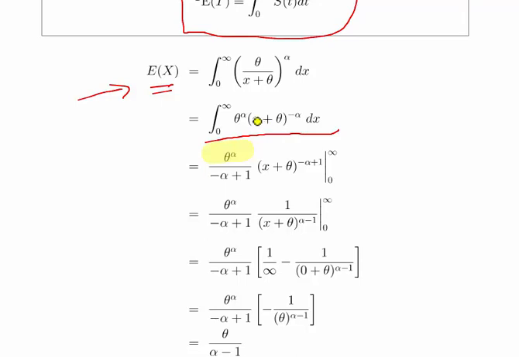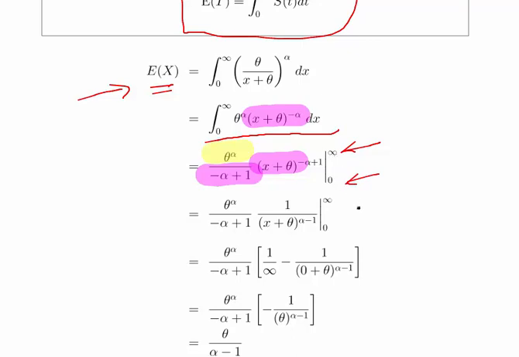And when we integrate that, we get x plus theta to the power of minus alpha plus 1, divided by minus alpha plus 1. It's a very straightforward integration, power rule.